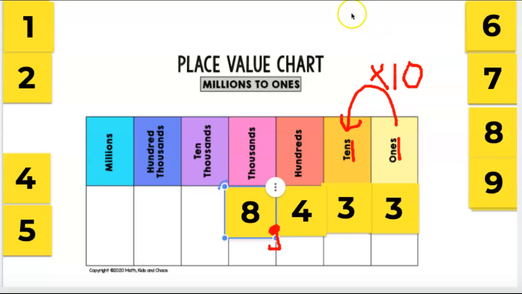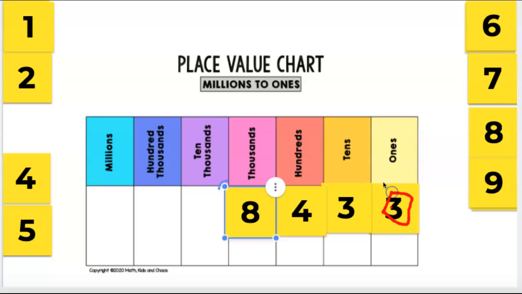But now we're going to do the opposite. And I want to know what the relationship is with this 3. So this number 3, how does that compare to this one? Well, if I move backwards, I do the opposite. So instead of multiplying by 10, if I move backwards, what I'm actually going to do is divide by 10.